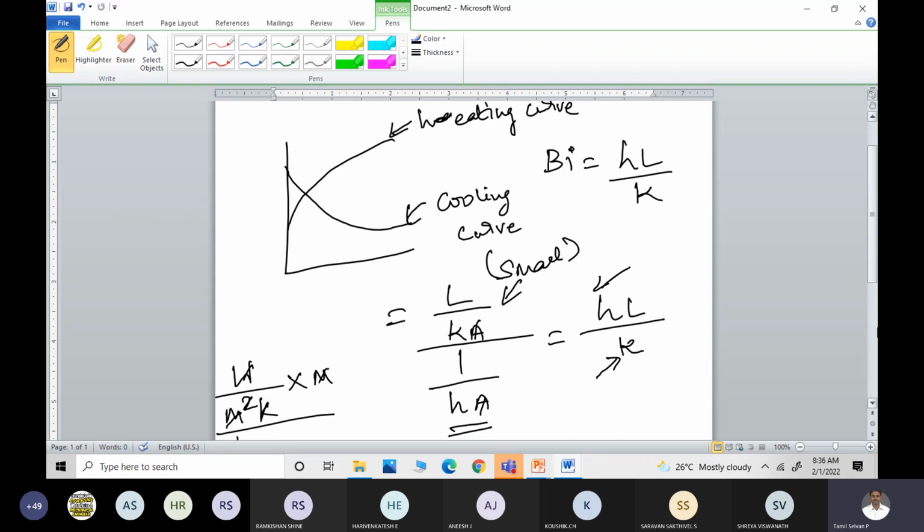Since the fluid is at a very high temperature, when you insert the thermocouple, it changes its temperature and shows the high temperature, for example 100 degrees, 80 degrees. So the conductive resistance of the material is lesser, whereas the convective resistance is higher, or the conductive resistance is negligible compared to the convective resistance.